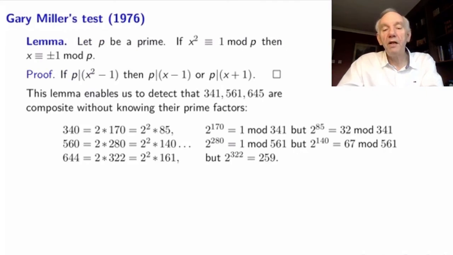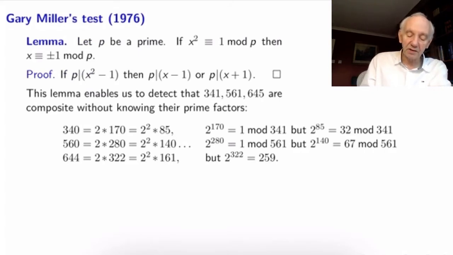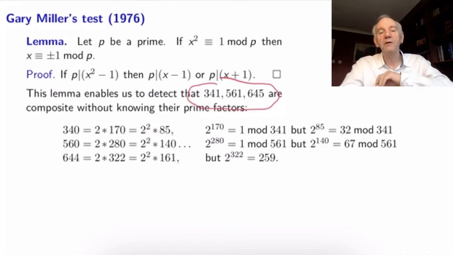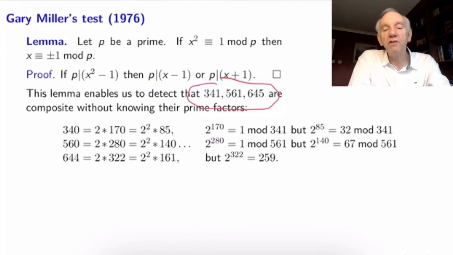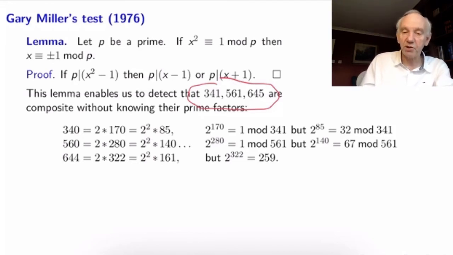Now let's look at these three numbers, these three exceptions that in a sense passed Fermat's test, because Fermat's little theorem told us that these numbers behave as if they're prime. Let me remind you what Fermat's little theorem says about these numbers.